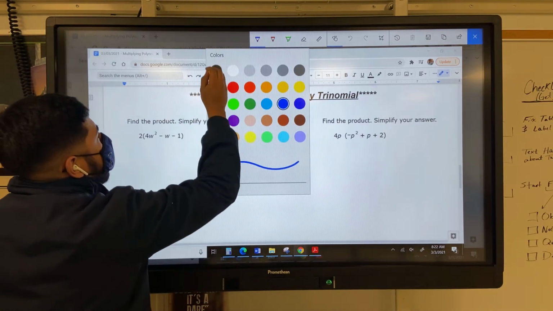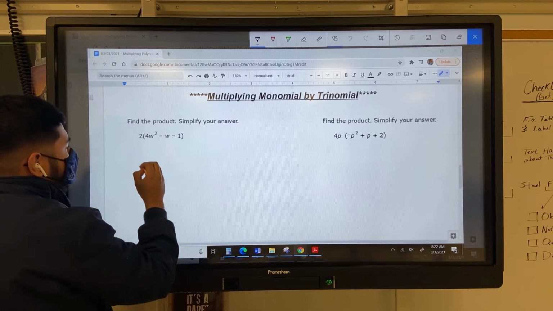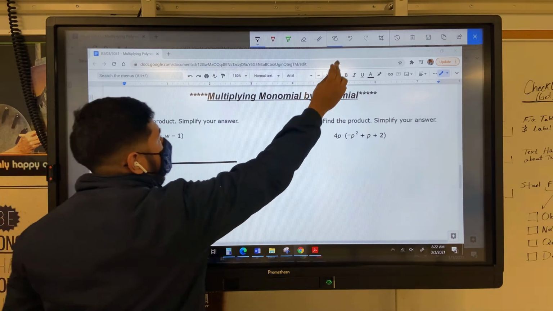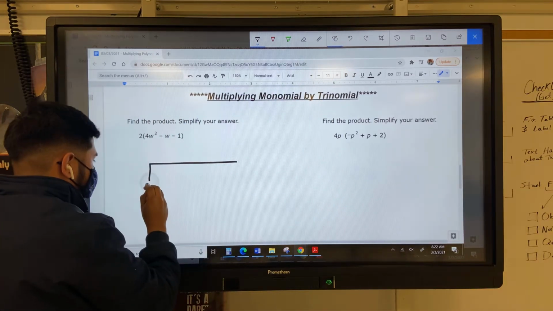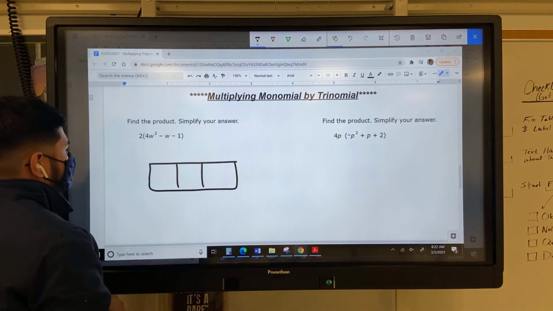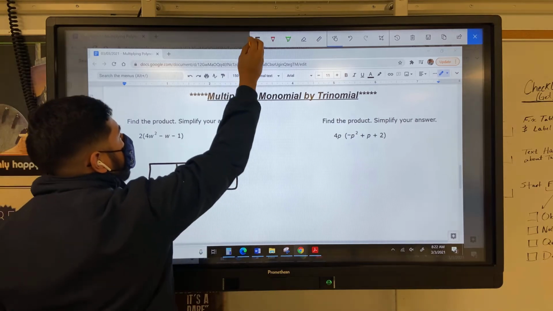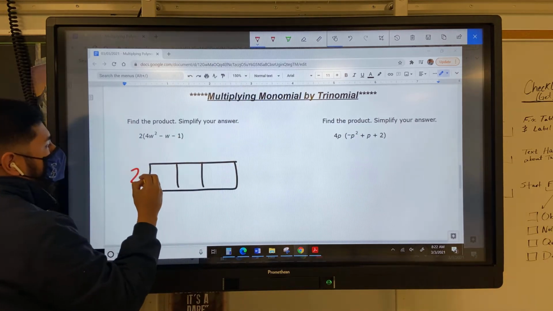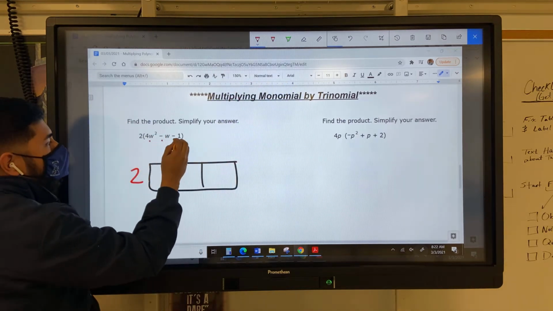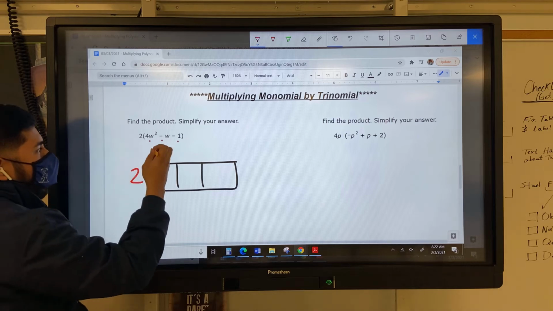So for this case, I'm going to do 1 times 3. On the side, I'm going to put a 2. On the top, I'm going to put the 3 terms. What's the number in front of negative w?